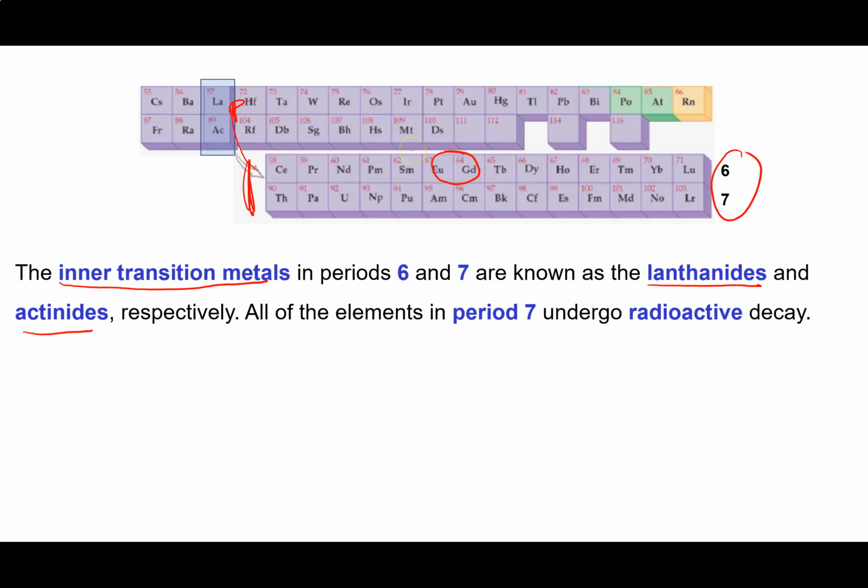Europium and gadolinium are often used as contrast agents in magnetic resonance imaging. So if you ever had a dye injected and then been stuck into an MRI, it probably contained either europium or gadolinium.